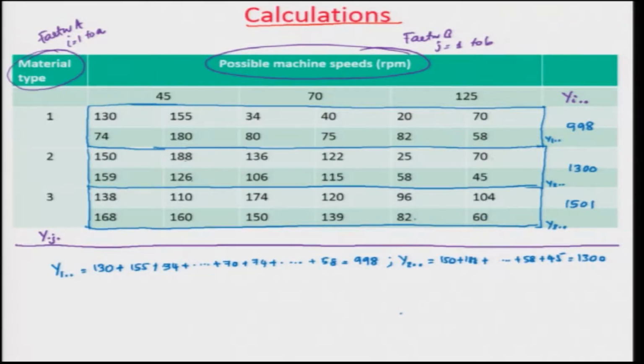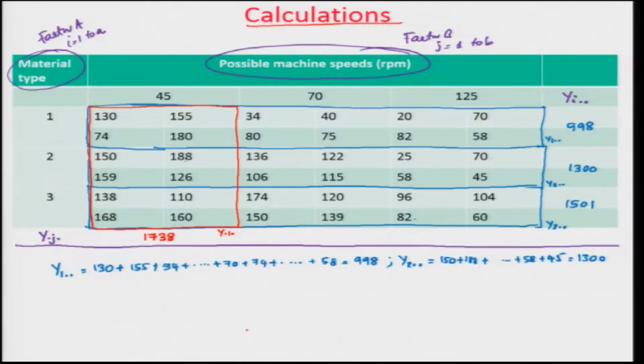All right. So that solves the first part, where we can see what the y i dot part is. The next thing we are now going to compute is what we call y dot j dot. How do we calculate the y dot j dot? This portion, for this particular factor, will give you the y dot 1 dot, the first level of this factor, which is 1738.